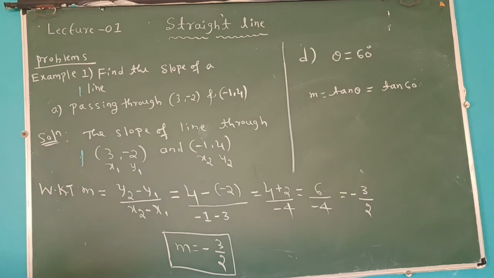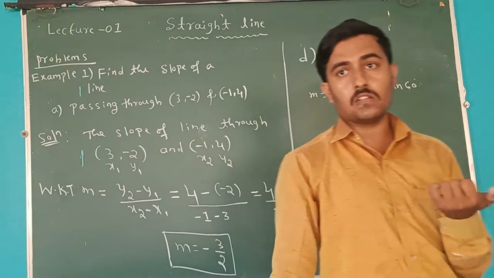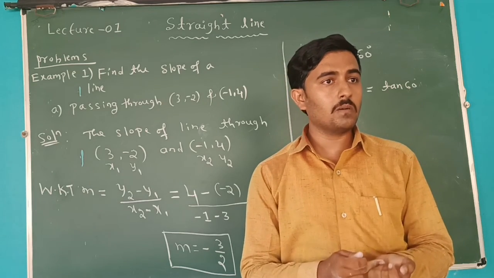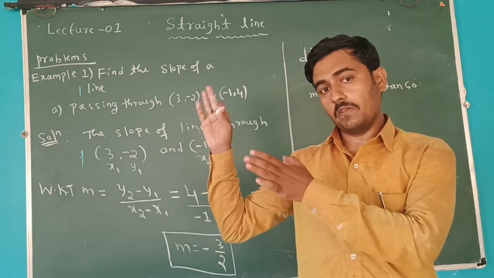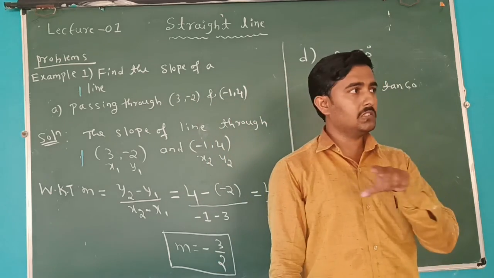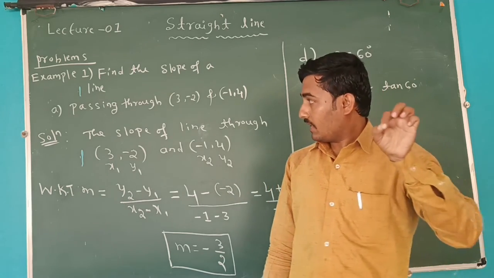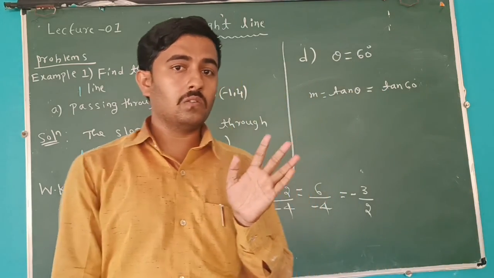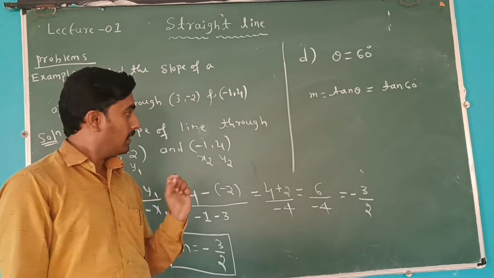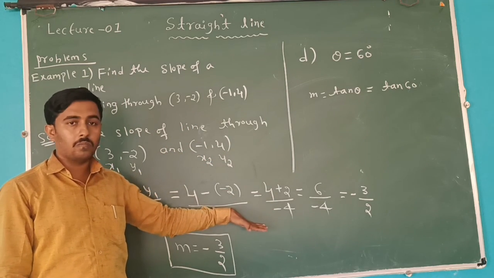In the next class we will discuss some more problems on this concept, and also the condition of parallel lines and the condition of perpendicular lines using the concept of slope. Clear? Actually this chapter is a little bit difficult, but if you understand it, it is very easy. It is basic for the next class, second year. Please understand the concept and solve the corresponding problems.